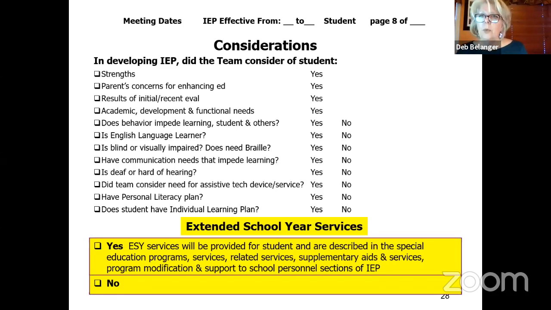evaluative data. But when it comes to evaluative data or any kind of data that we're using to write IEPs, it doesn't need to come from one source. It should be coming from multiple areas. And so yes, it can be used.